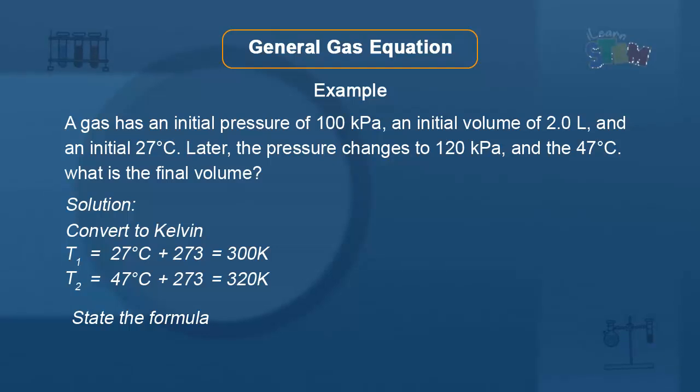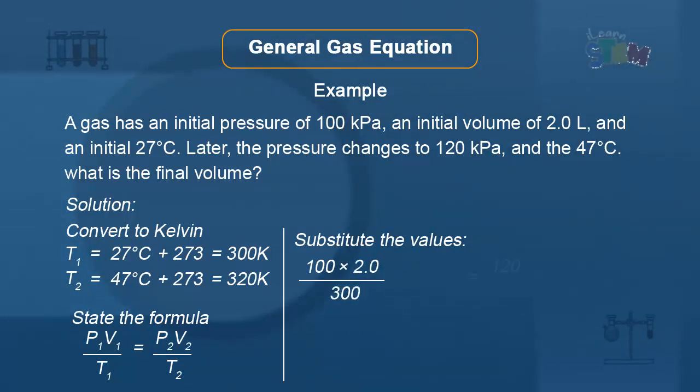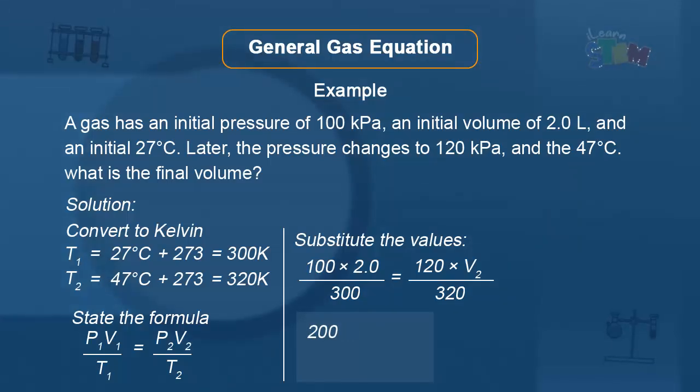State the formula. P1 times V1 divided by T1 equals P2 times V2 divided by T2. Now substitute the values. 100 multiplied by 2 divided by 300 equals 120 multiplied by V2 divided by 320. 100 times 2 gives 200. 200 divided by 300 equals 0.667.